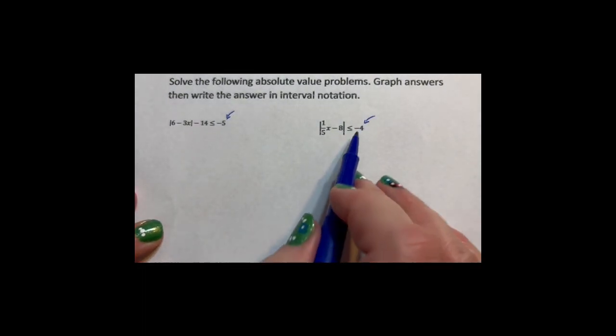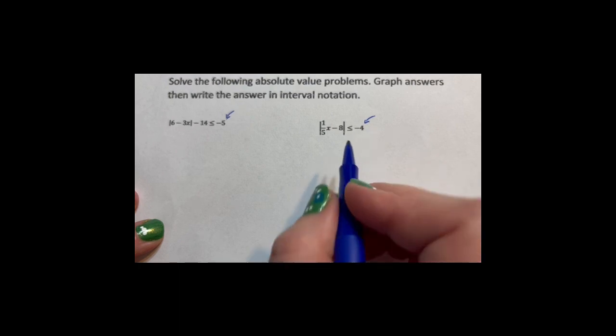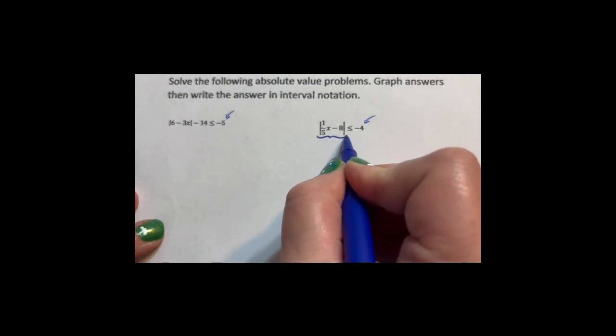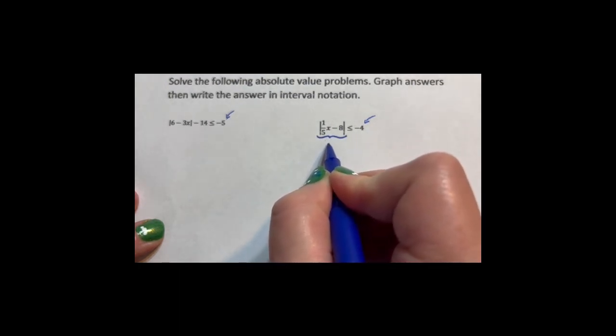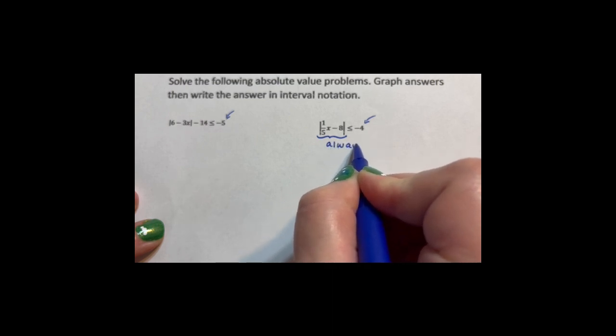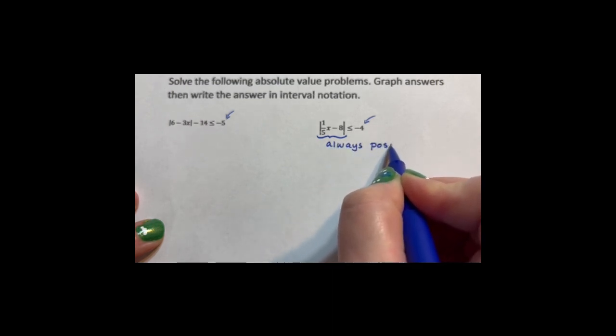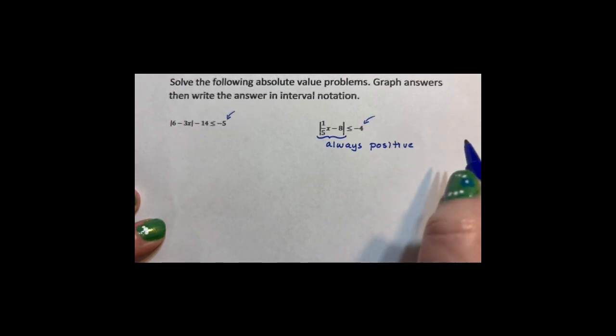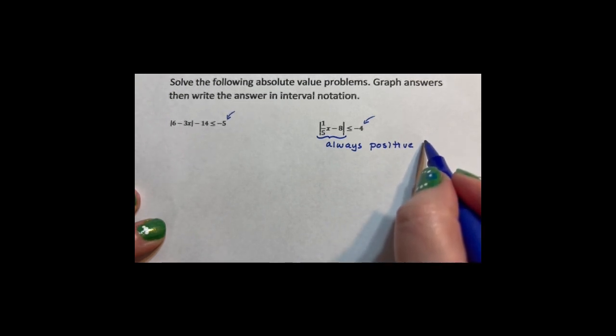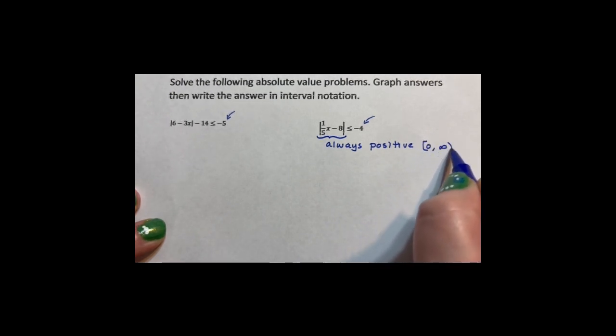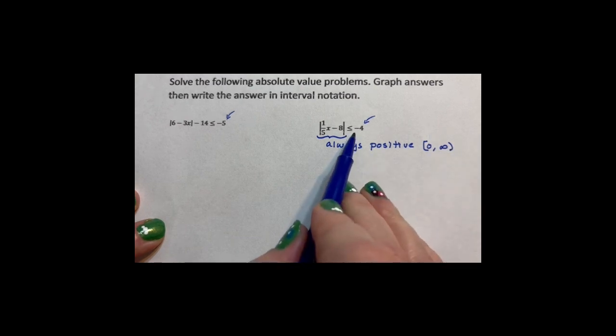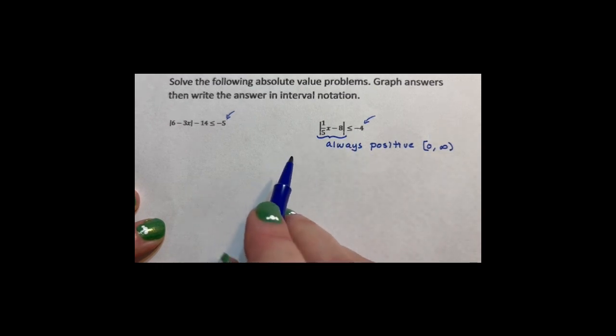So if we start with this problem, the absolute value is always positive. If this is always positive, so it is 0 to infinity, when is it less than a negative?